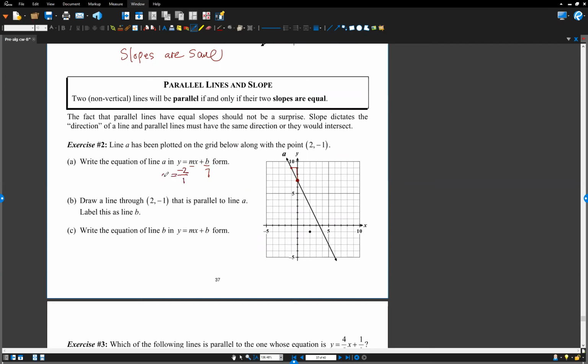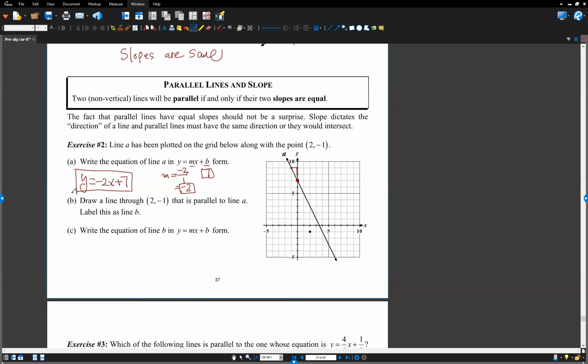That's the slope. Negative 2 over 1 is just negative 2. The b value is 7. What's the equation? Y equals negative 2x plus 7.